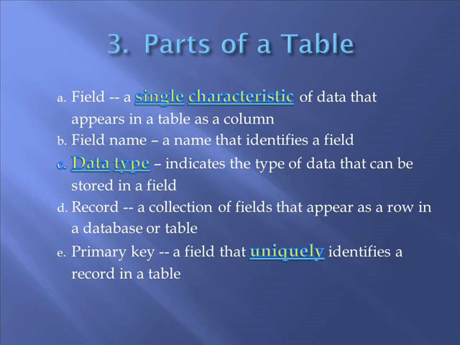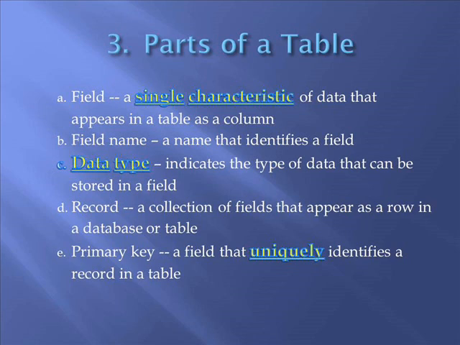Such as every student in this school has a social security number, and every student has a student ID. Those numbers are different for everybody. So therefore, they can be used as primary keys to help identify.